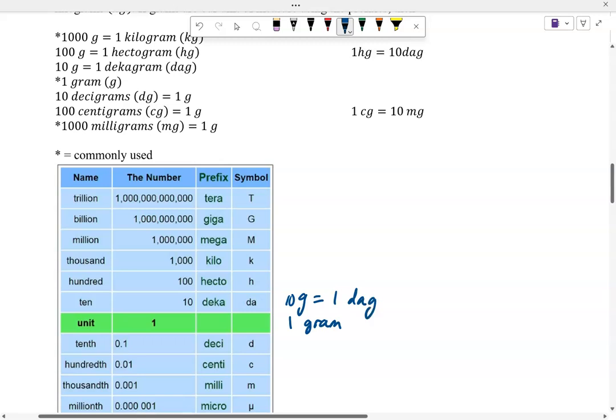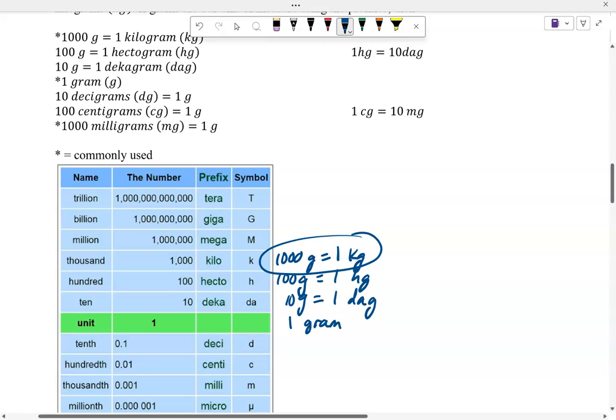A hectogram would be 100 grams, so that's 1 hectogram. A kilogram, prefix kilo, 1,000, would be 1,000 grams. It would be 1 kilogram, so we use that one quite a bit.